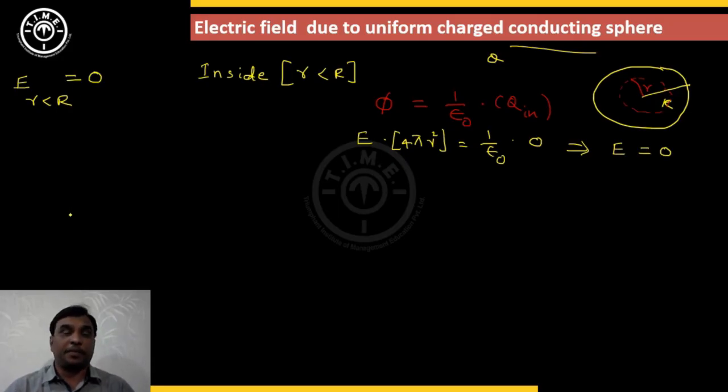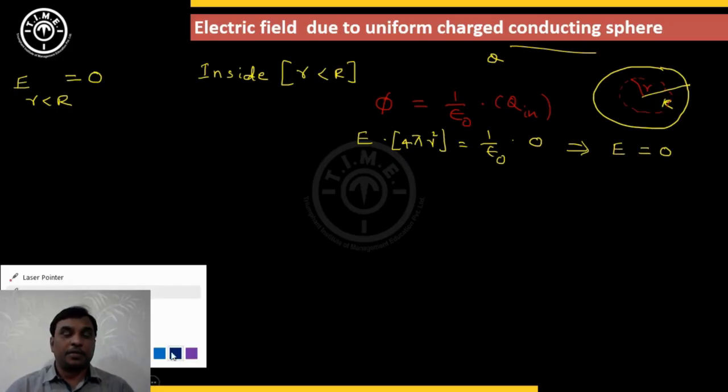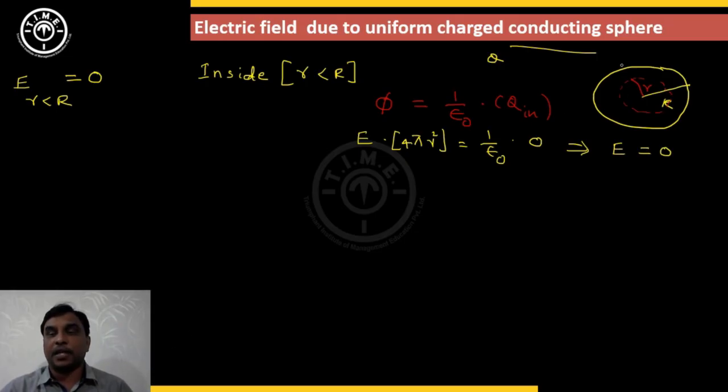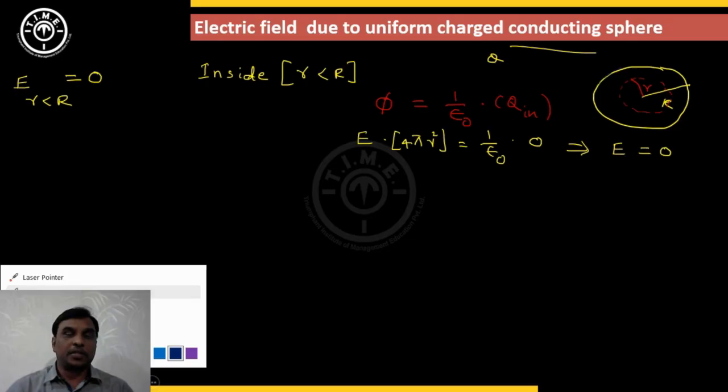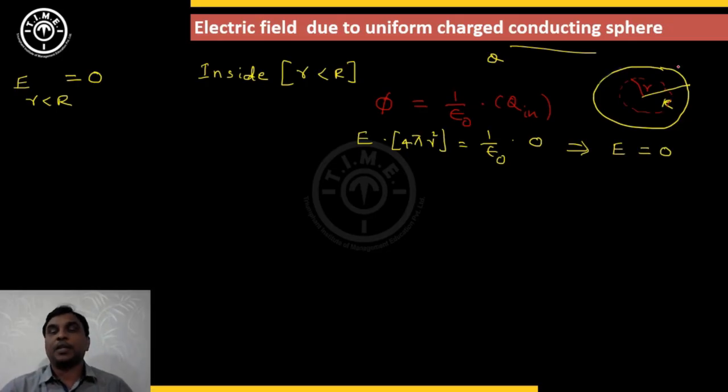Now on the surface, let me draw one Gaussian sphere just outside, whose radius is almost equal to the radius of the sphere.